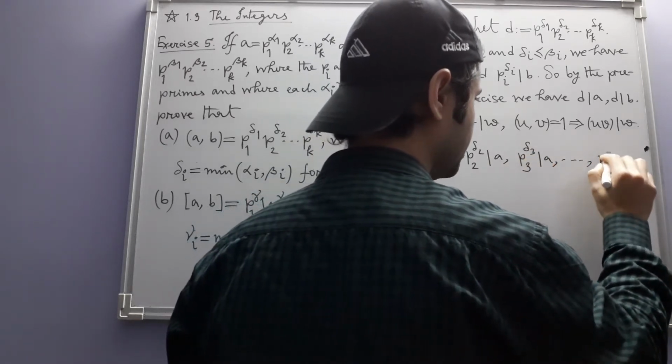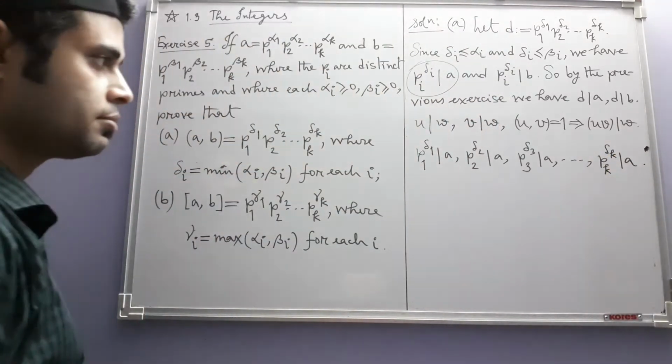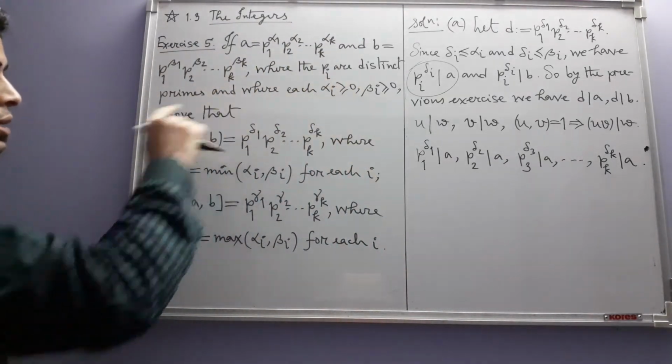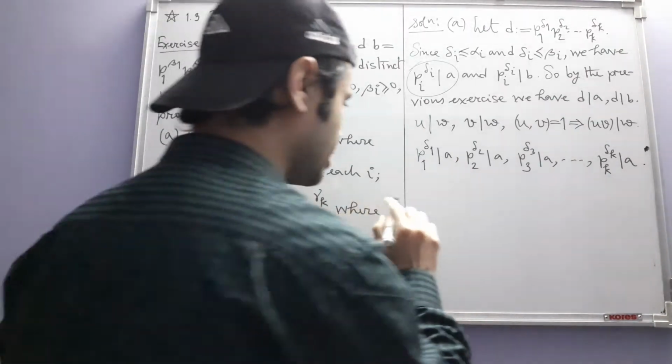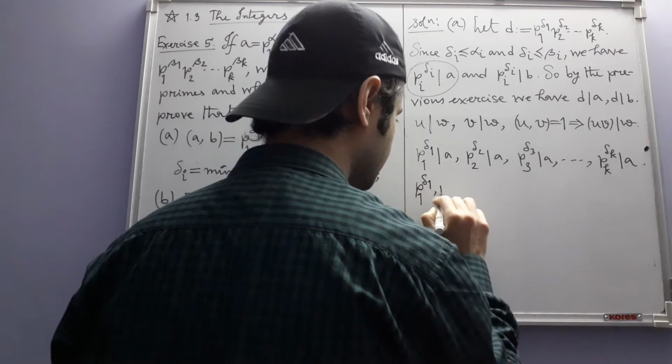Ultimately we have Pk to the power delta k divides A. Now, since the Pi's are distinct primes, P1 and P2 are different primes, so these powers are relatively prime.